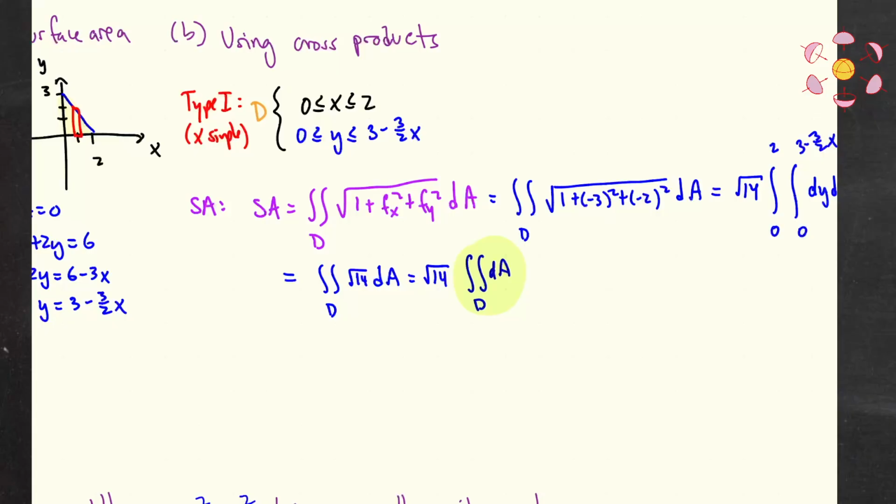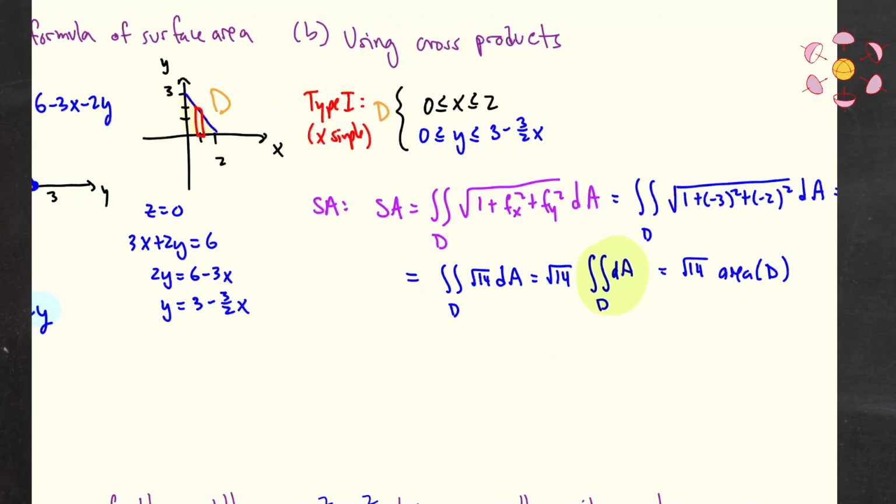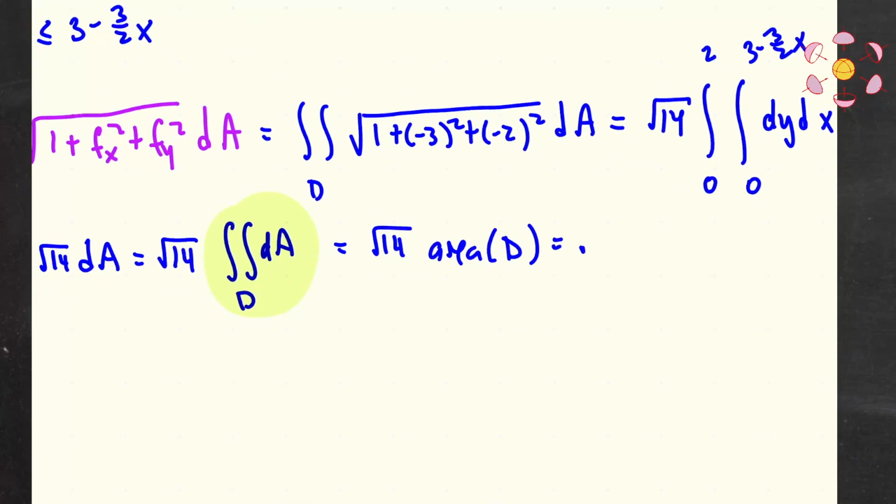Sum up all the little tiny chunks of area over D. Well, this is just root 14 times the area of D. And looking back to our picture, D is just a triangle. So we could get out of this calculation super quickly by just recalling that base is 2, height is 3, and appealing to classic geometry.